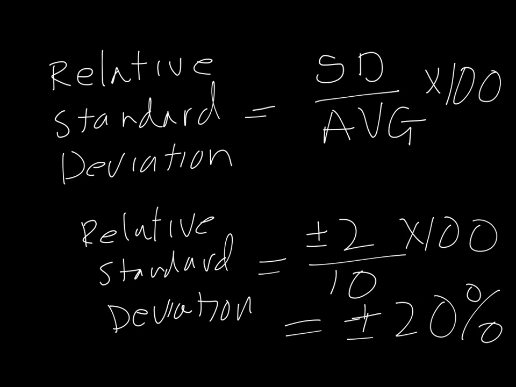See how mentally saying that you have a relative standard deviation of plus or minus 20% sounds a whole lot different to you than saying a standard deviation of plus or minus 2. Because we're used to thinking in percents, I always like to use relative standard deviation just because it clicks with my brain a little bit more.